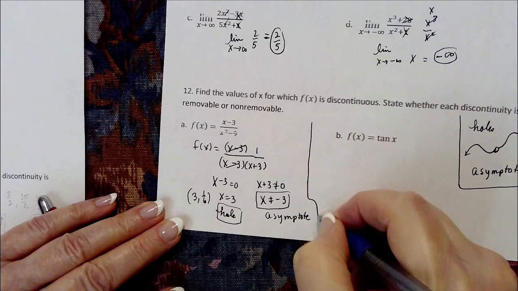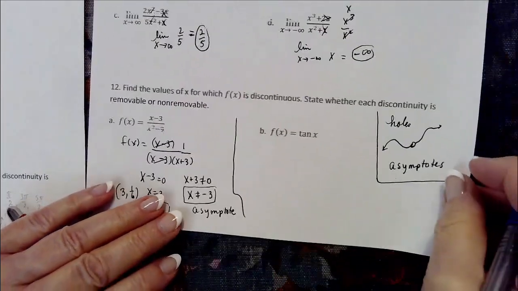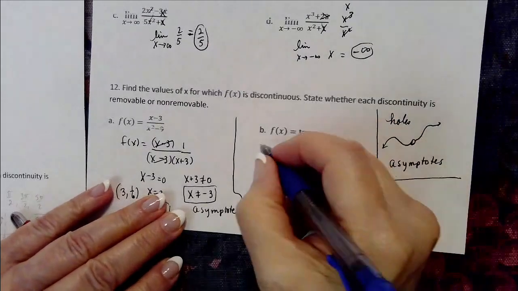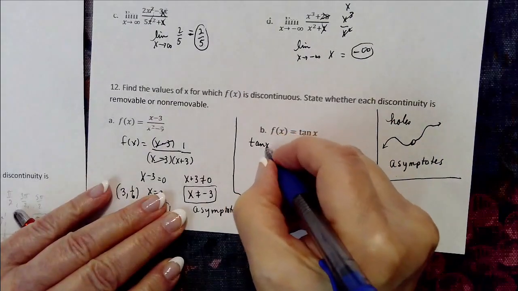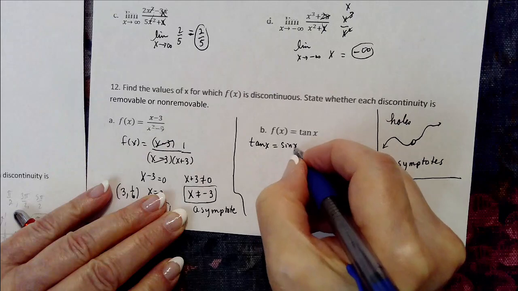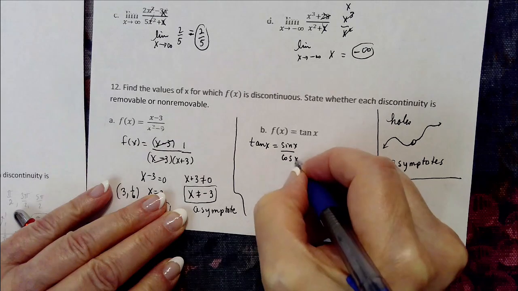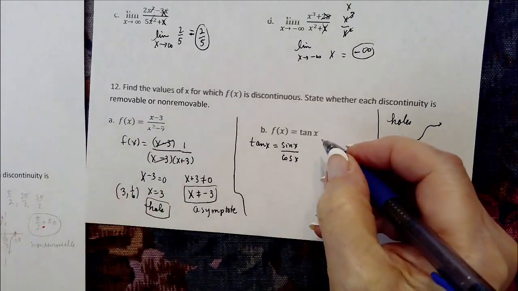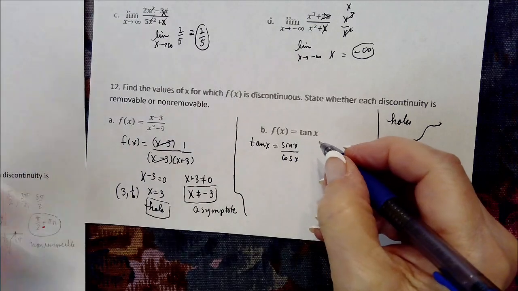All right, this next one is the tangent function. We're going to graph it from what we learned before when we were doing trigonometry. So we know that tangent x equals sine x over cosine x, right? I would make sure that you knew how to graph those trig functions.